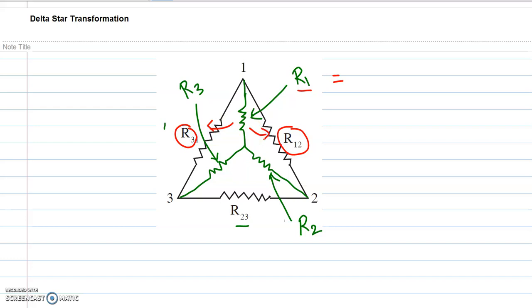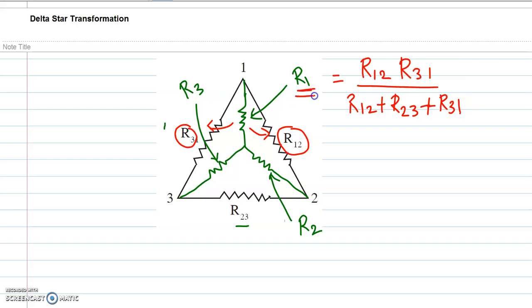I need to multiply both resistances. So R1 will be equal to R12 times R31, divided by the sum of all the resistances in the delta network, that is R12 plus R23 plus R31. You will get the value of resistance R1.